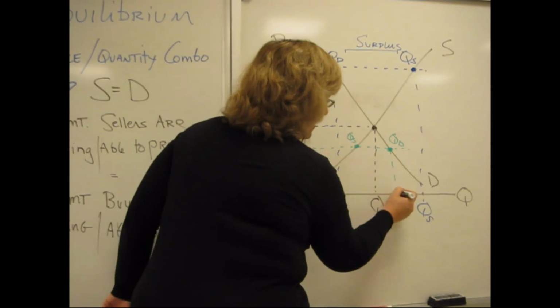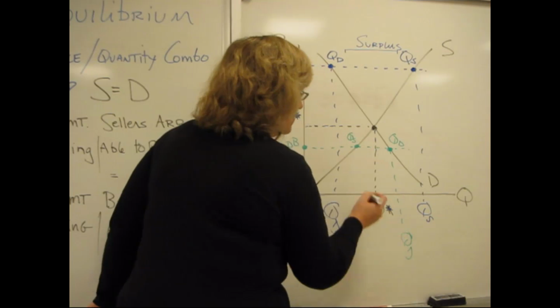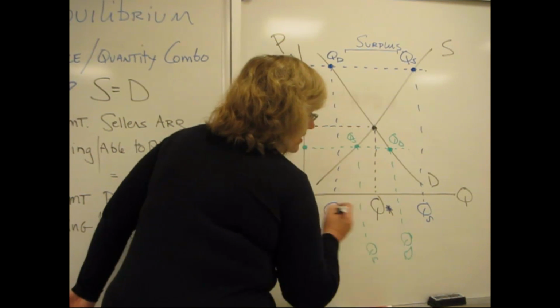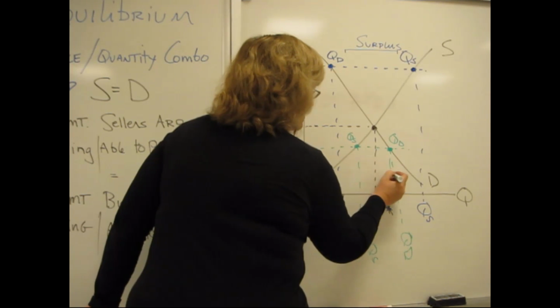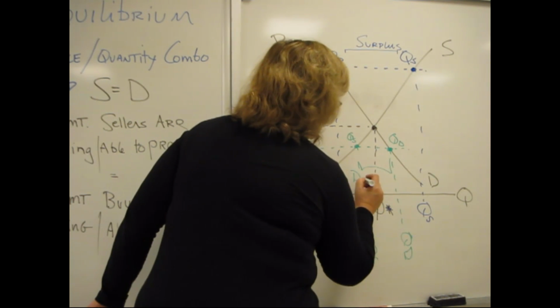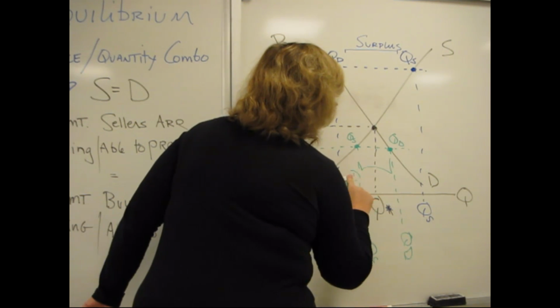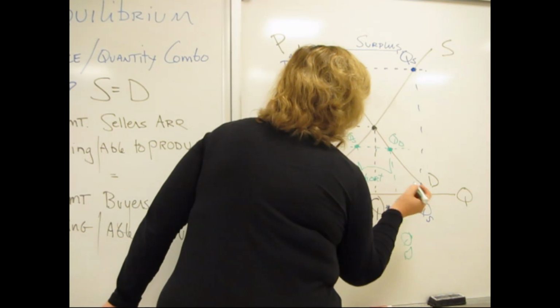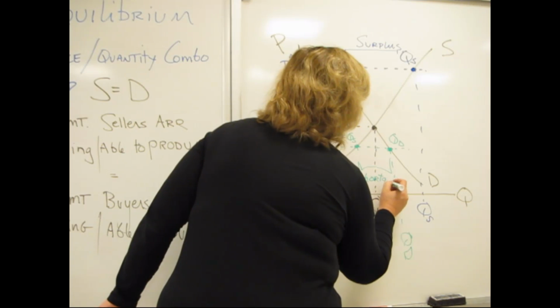And in this particular case, the quantity that buyers want to buy is quite a bit bigger than the quantity that sellers want to sell. That, in common terms, is a shortage. I was going to write down here deficit. That's what a lot of other folks call this sort of difference, but it's a shortage.